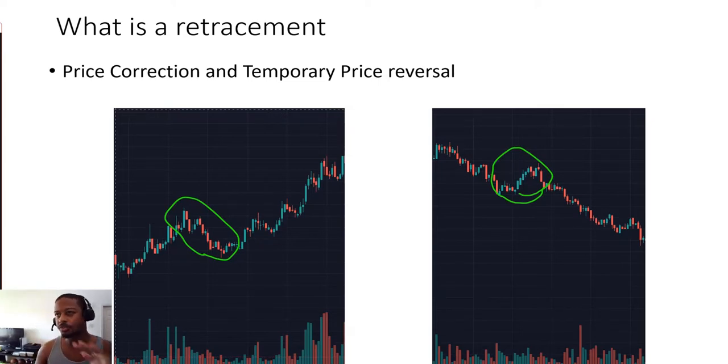They don't just go straight up and straight down. So what the retracement is, it's just a temporary price correction within that larger upward movement. Sometimes they might go sideways, but you really wouldn't be using the Fibonacci during that time anyway. So that's pretty much what a retracement is: a temporary price correction in a large upward movement.